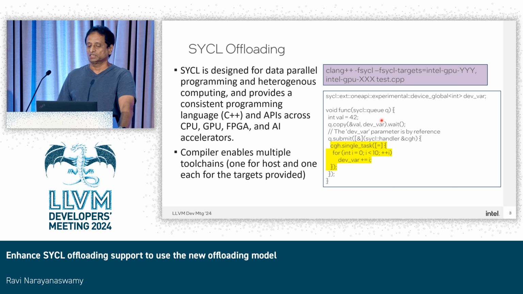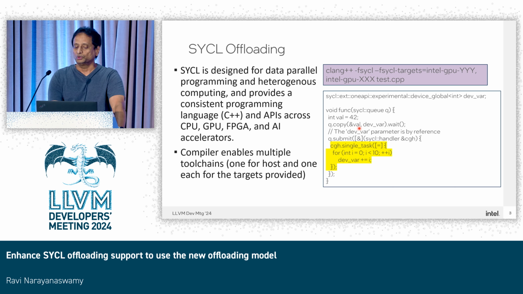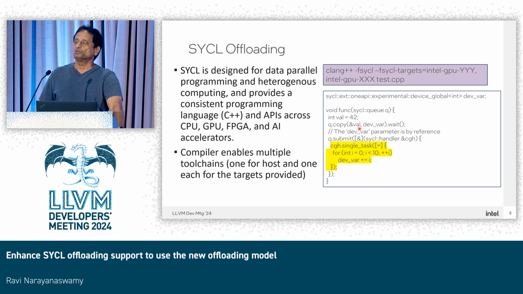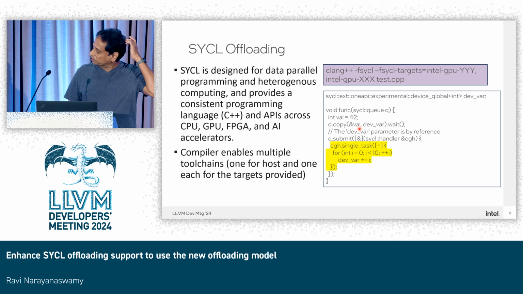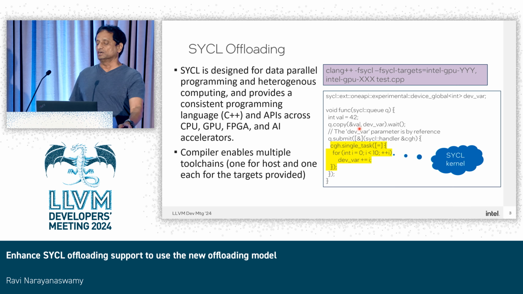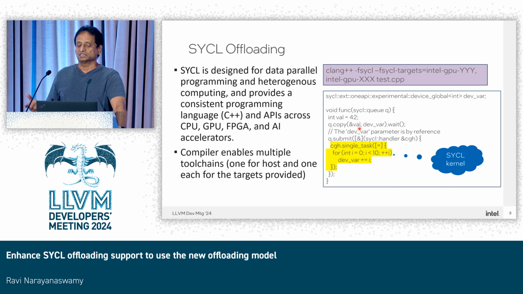You use the queue to update the value on the device: you do a copy, and then wait for it to be completed. Then you do the kernel submission, highlighted in yellow, to do some sort of summation of the indices into the variable which exists on the device. The highlighted yellow part is the SYCL kernel.